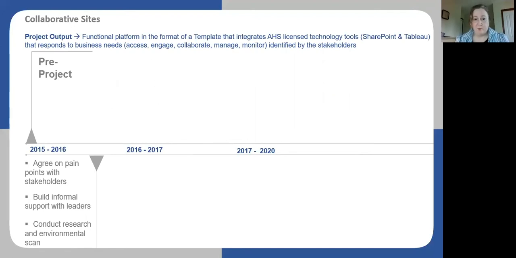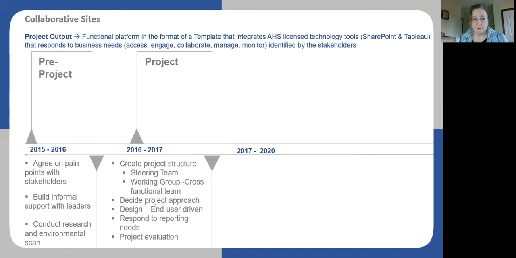The pre-project started in 2015. The important part was to agree on pain points with the stakeholders, build that informal support with leaders, and conduct research and an environmental scan. In the next year, once all this pre-project work was done, we were ready to start the project by creating a structure, a steering team.